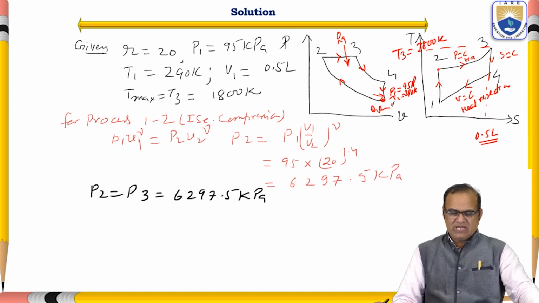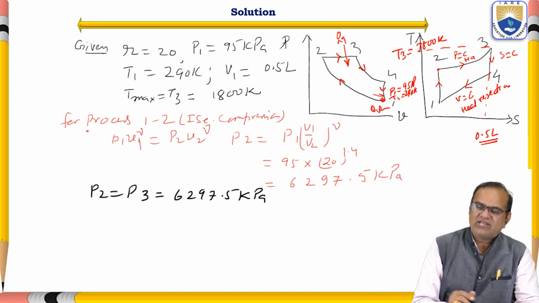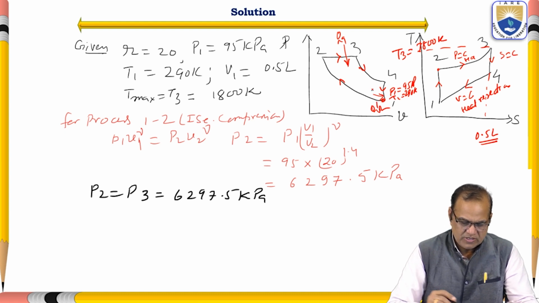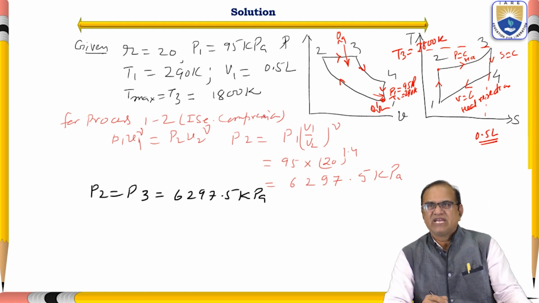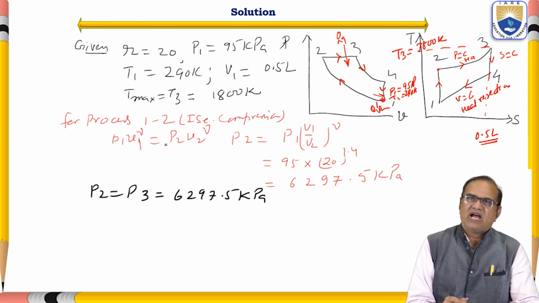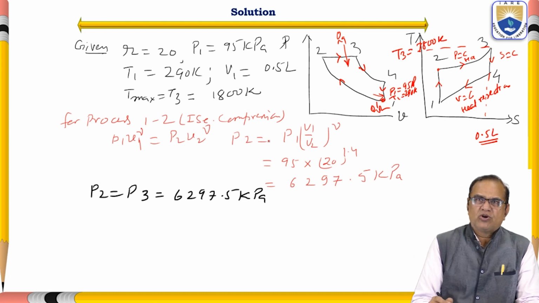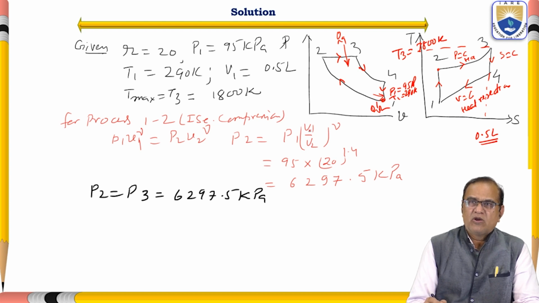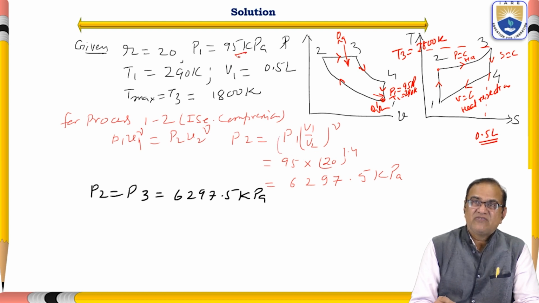QR is moving out. So for the process 1 to 2, it is an isentropic compression. So we know that P1 V1 to the power gamma is equal to P2 V2 to the power gamma. So P2 is equal to P1 into V1 by V2 to the power gamma, and this V1 by V2 is 20, and P1 is 95.